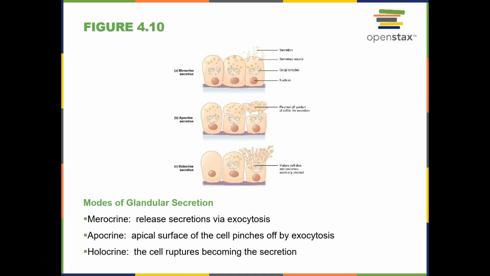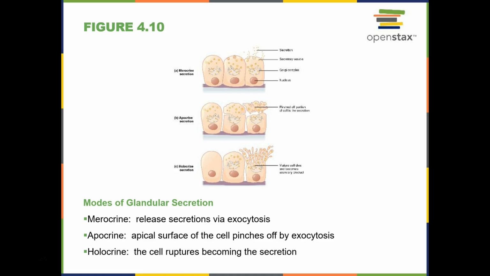Most of our sweat glands produce merocrine secretions, and a merocrine secretion is a secretion where the cells produce the materials that they're going to secrete and put it into a vesicle. The vesicle then binds to the plasma membrane of the cell and opens up, and via exocytosis we release that material. That's merocrine secretion.